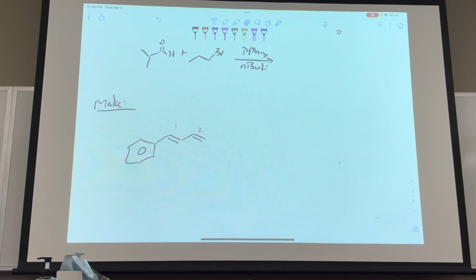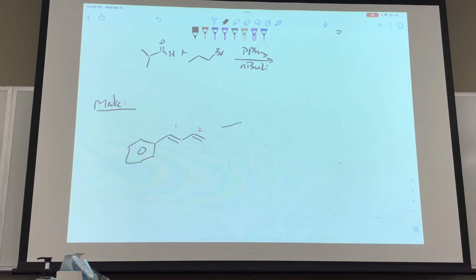Do you want to try to do the Wittig to make double bond number 1 or double bond number 2? Maybe 2, because if you do 2, you still have the benzylic carbon intact. Well, let's take a look at our options.